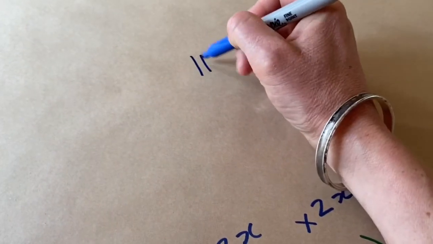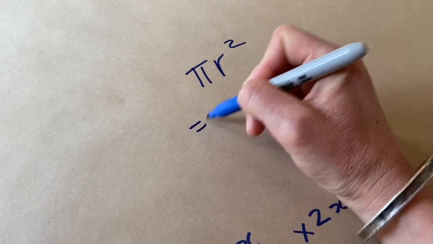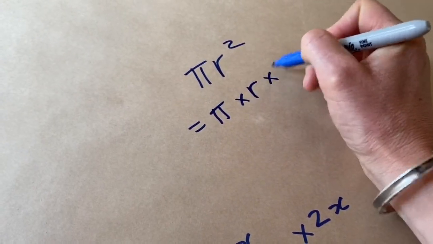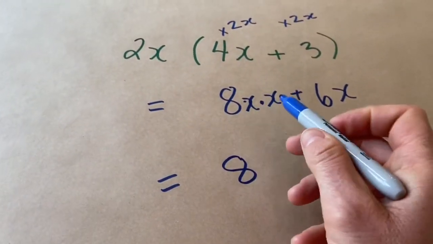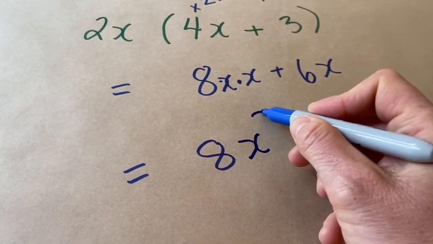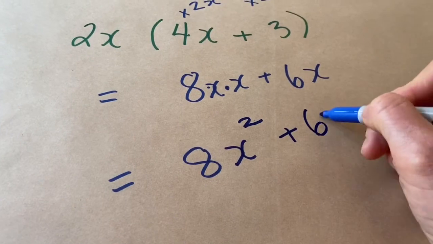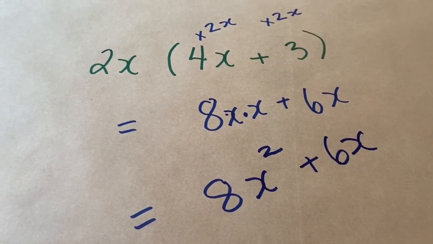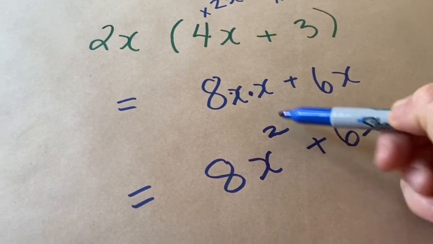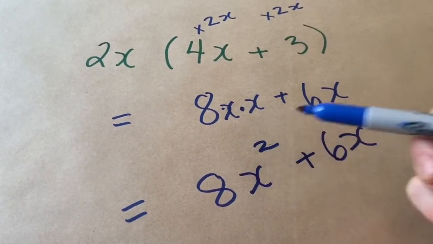Remember? Pi r squared is the same thing as pi times r times r. R times r was r squared. So if I have x times x, that's just going to be x squared. And then you're all done the multiplying question. Not so difficult. You just need to remember that you need to put the exponent with the x.